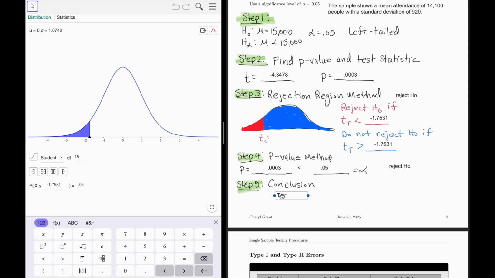So now let's write our conclusion. Since we are rejecting the null hypothesis, there is enough evidence to support the claim of the alternative hypothesis. So I'm going to say at the 0.05 level of significance, let me make this bigger.